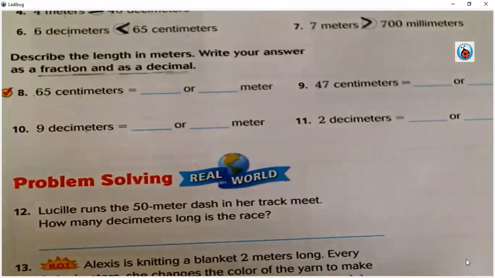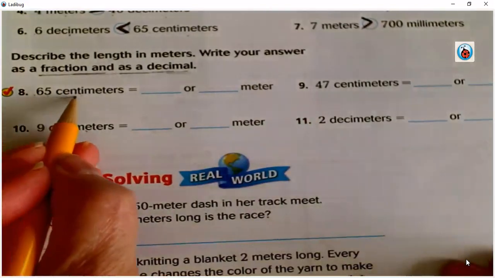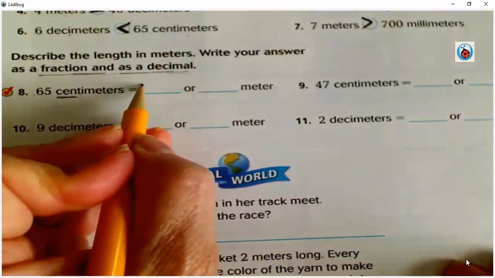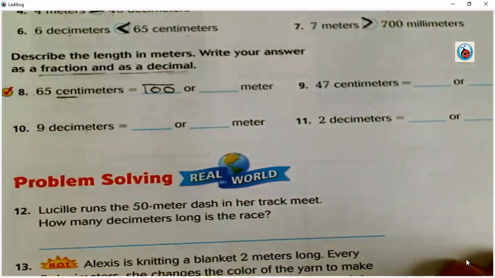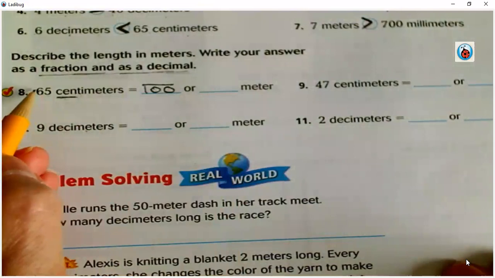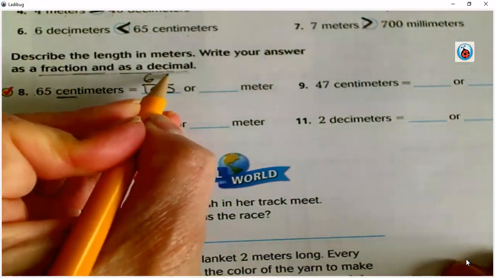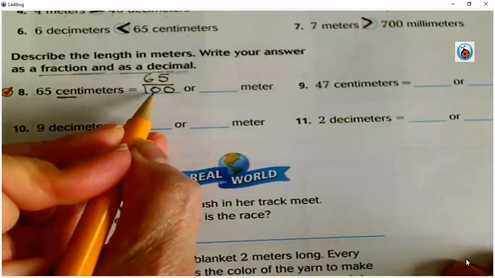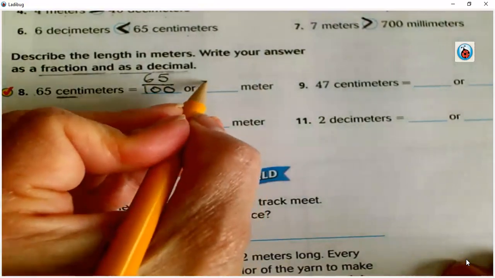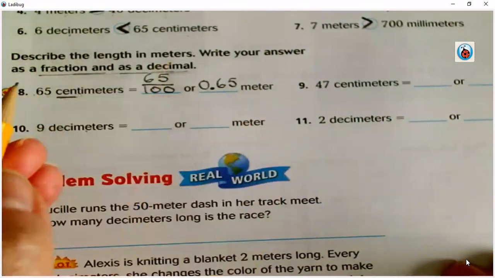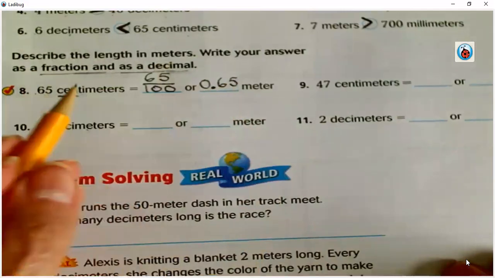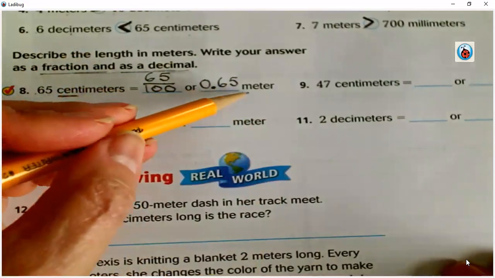Okay, here's how I do that. I know that there are 100 centimeters, so that's my denominator in this fraction. And I'm going to say, okay, 65 hundredths, and let's just write it as a decimal, 65 hundredths. So 65 centimeters is 65 hundredths of a meter.